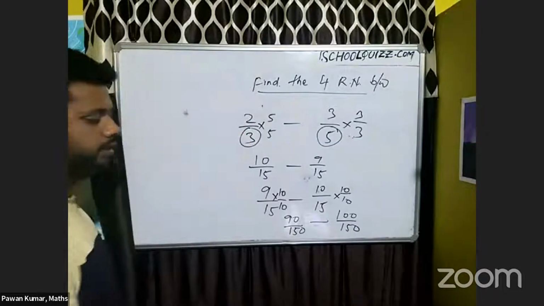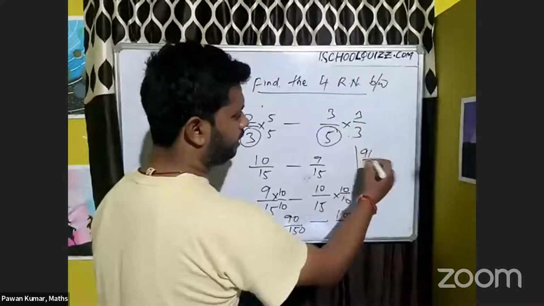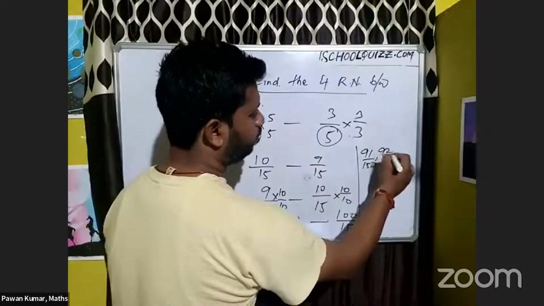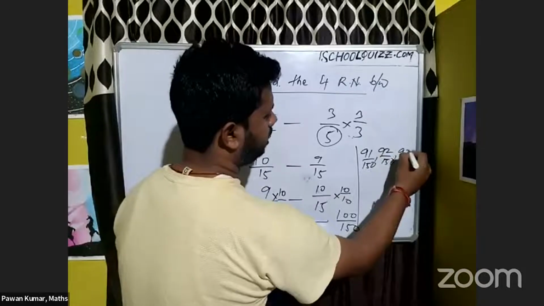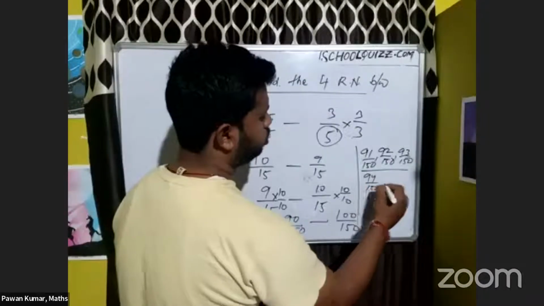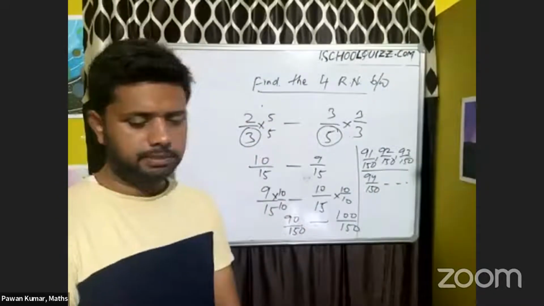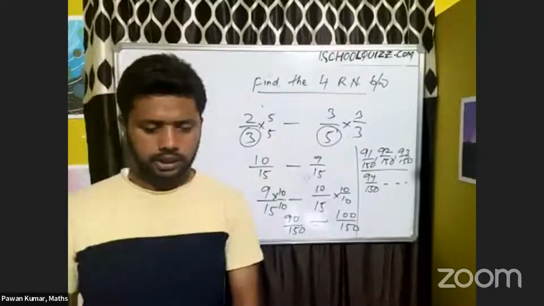In between 90 by 150 and 100 by 150, so many numbers are there: 91 by 150, 92 by 150, 93 by 150, 94 by 150. So many numbers are there. If you need more, just multiply with 100 here. Simple. Clear?